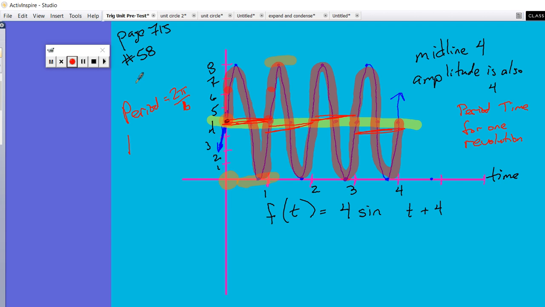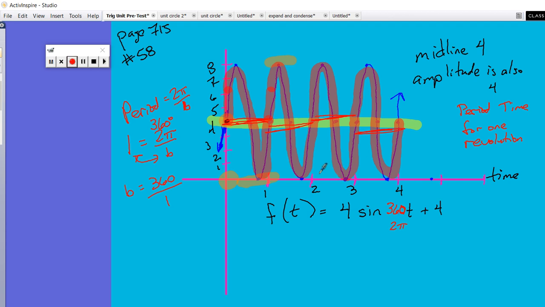So the period equals 2 pi over b. If you don't want to use 2 pi, that's the same as 360 degrees over b. So to find b, I swap those two, and I get b equals 360 over 1. So I could put the number 360, or 2 pi, in front of t. And that would be my formula, 4 sine 360t plus 4.